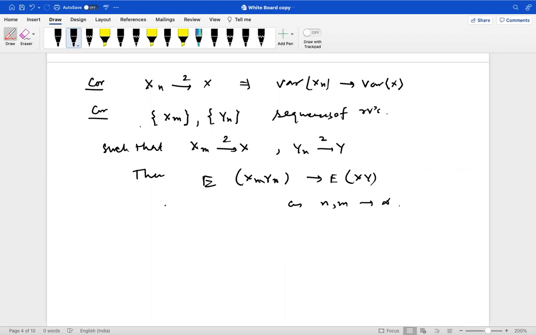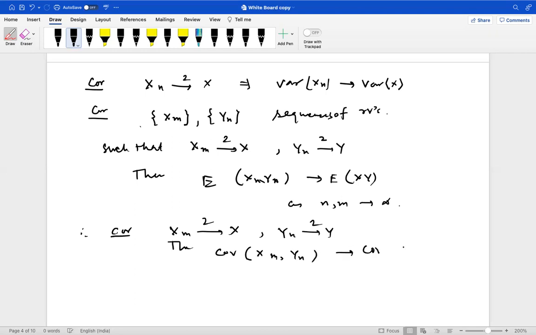Therefore there is another corollary: if Xm goes to X in 2 and Yn goes to Y in 2, then the covariance of Xm and Yn also goes to the covariance of X and Y. So this follows from the previous two results.